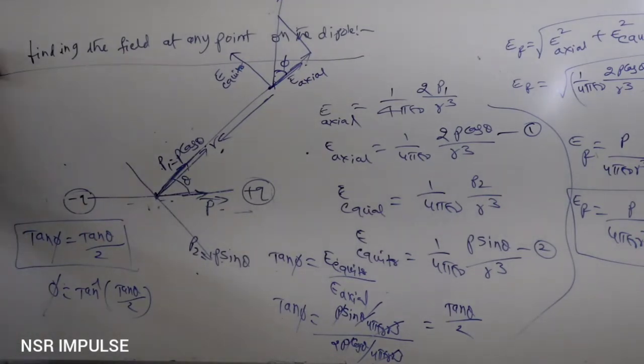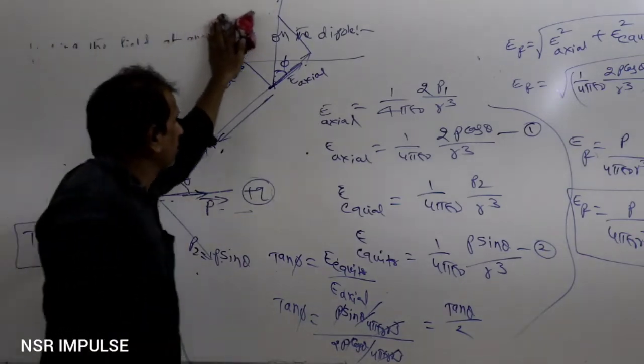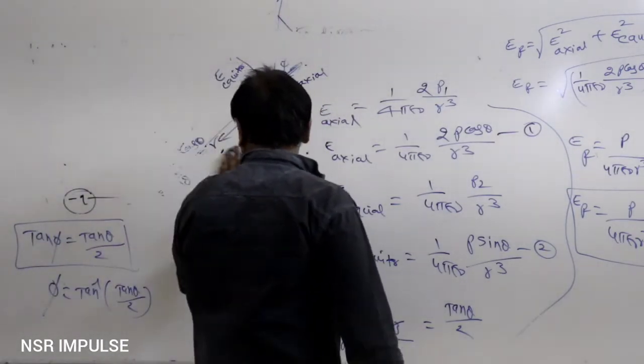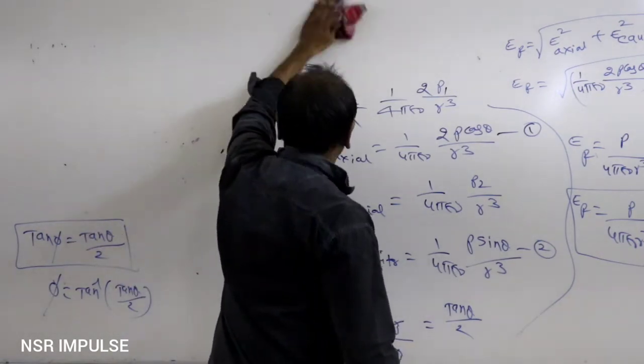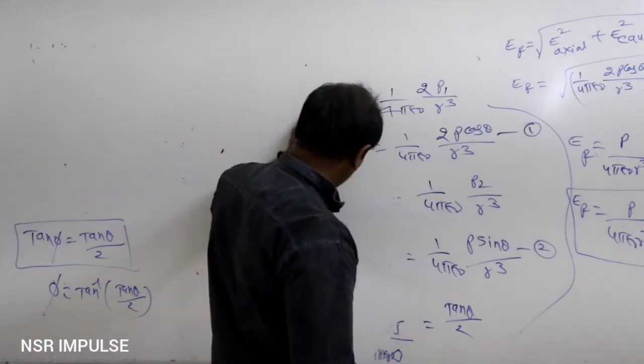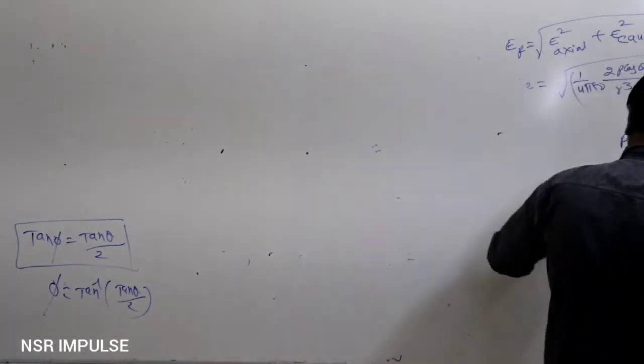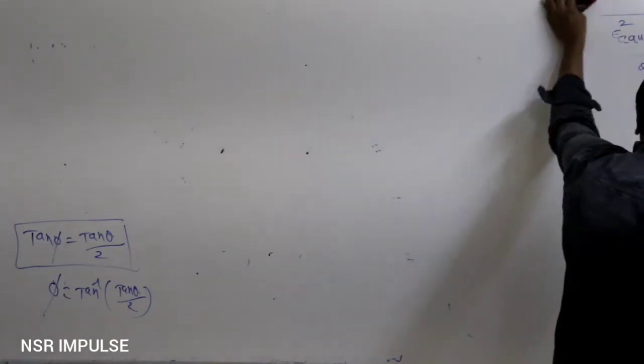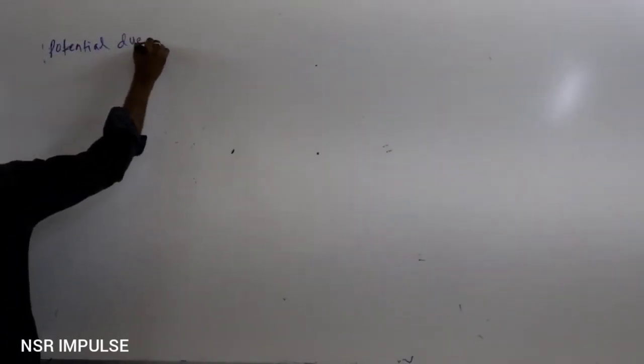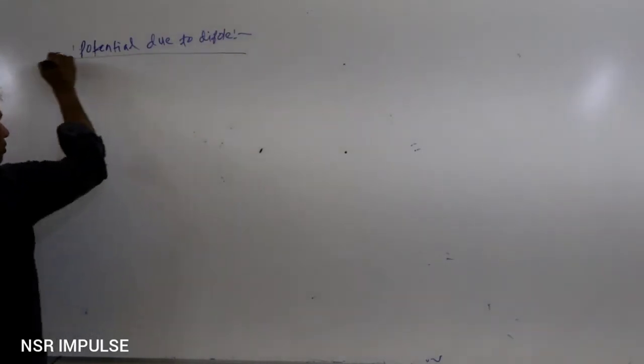Next one is potential due to dipole. Field calculation is over.